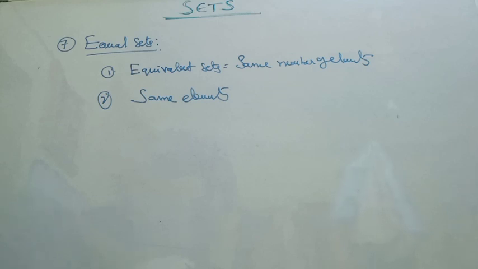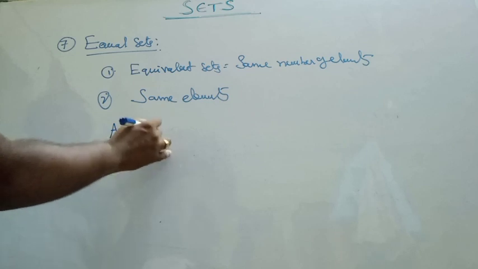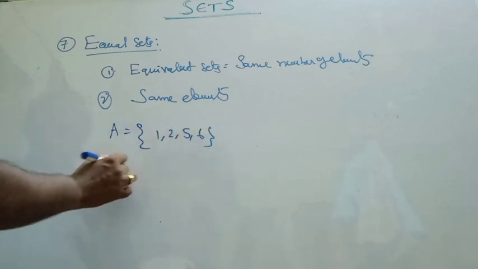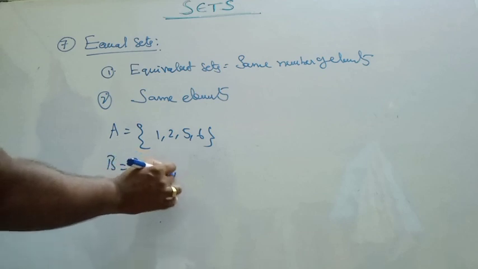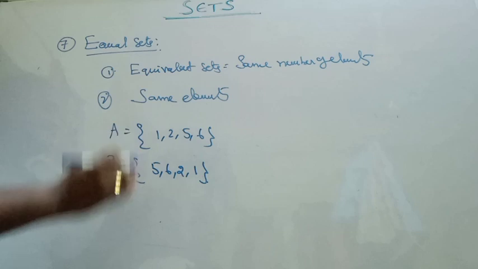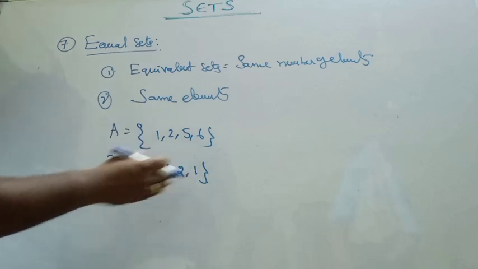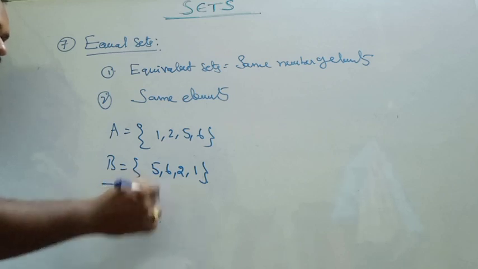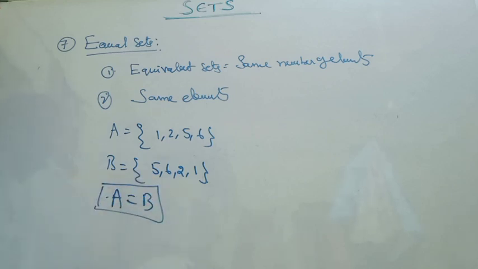Set A equal to {1, 2, 5, 6}, and set B equal to {5, 6, 2, 1}. The same elements are here, but the order may be different. This is A equal to B, and we call A and B equal sets.